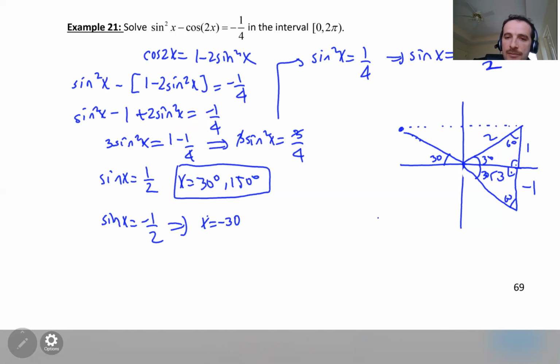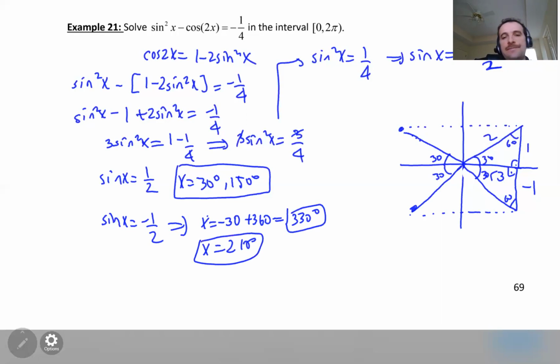So I have to add 360, which gives 330. And again, we have to look at the symmetry through the y-axis. This is 30. Which angle is that? 180 plus 30, 210, right? So we get this solution, and so we got 4 solutions. All right.